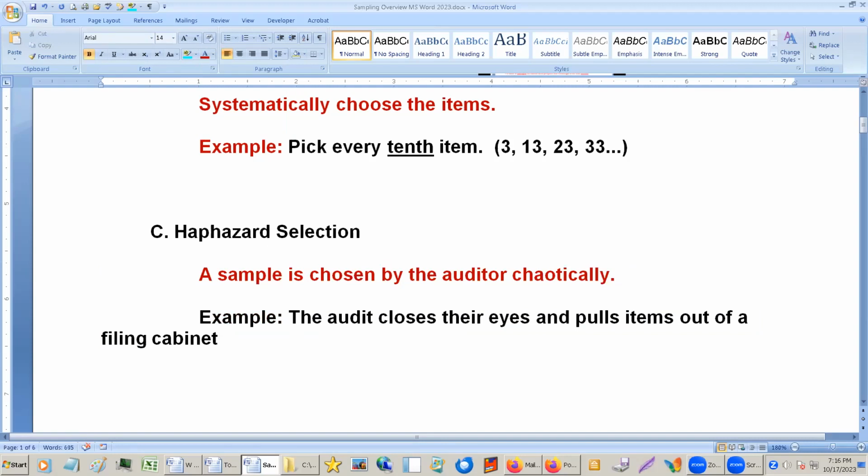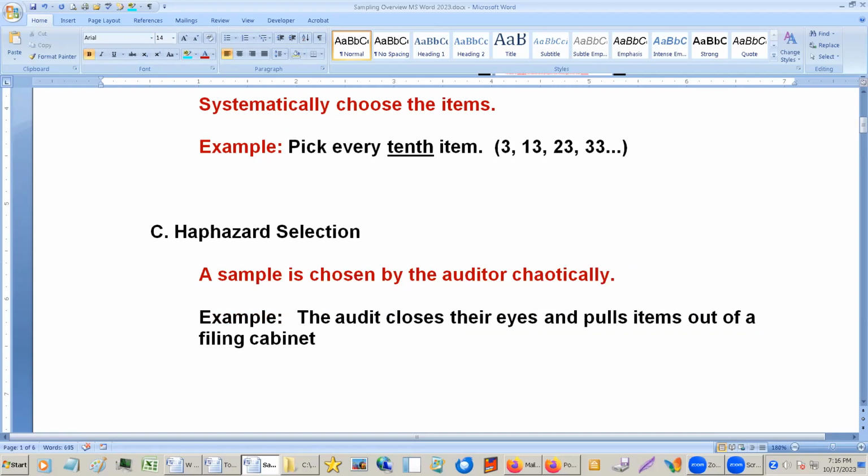So the auditor goes to the filing cabinet, closes their eyes, and pulls out 10 items or however many items that they need to pull out. So you go over to the filing cabinet, you close your eyes, and you take 10 of the folders out, and those are what you audit.